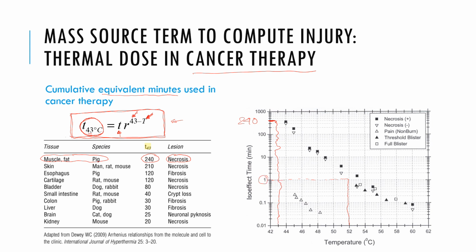So let's say 1 minute. That is the meaning of this. Or another way to look at it is, if you heated something at 52 for 1 minute, it is equivalent to heating at 43 for 240 minutes.